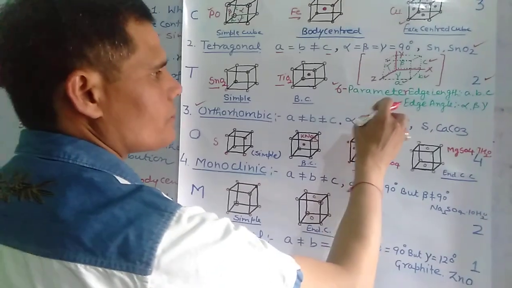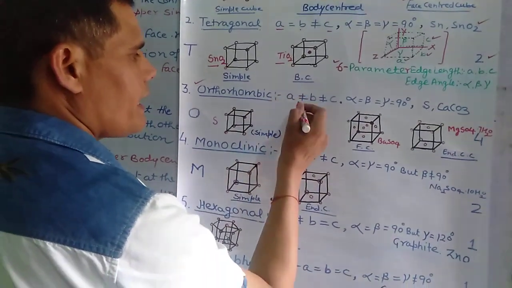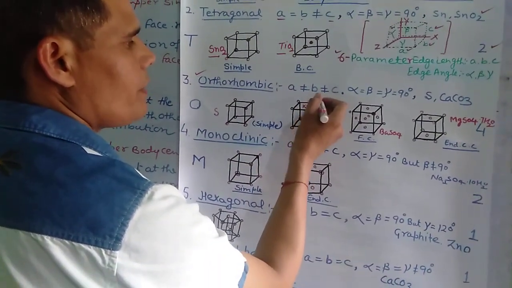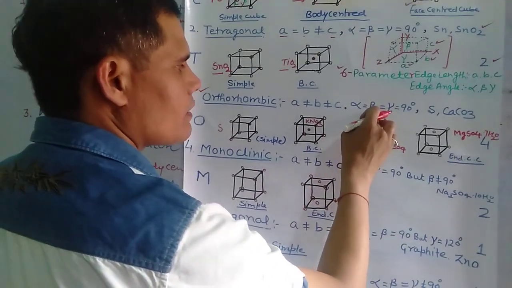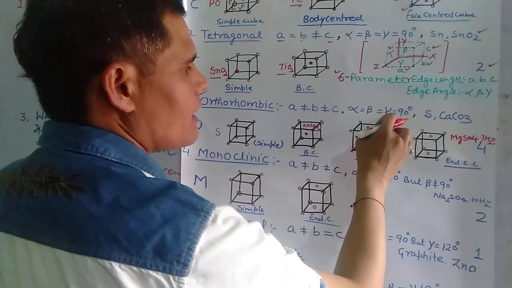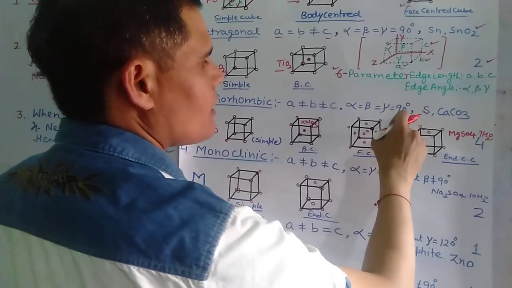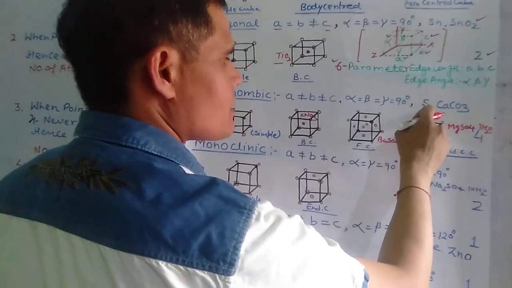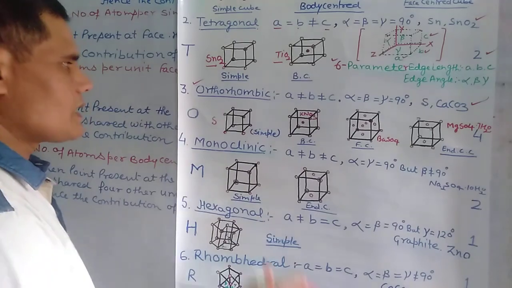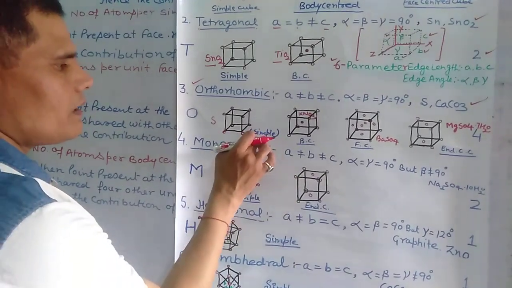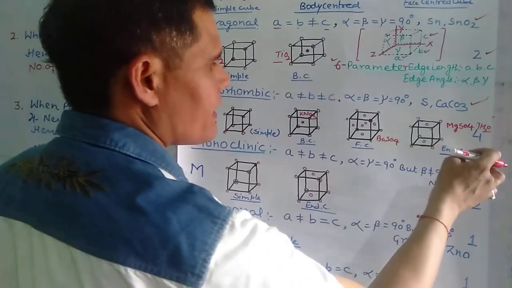On the basis of 6 parameters, orthorhombic is when A not equal to B, B not equal to C, and alpha equal to beta, beta equal to gamma, and gamma equal to 90 degrees. The examples are sulfur and calcium carbonate. Orthorhombic is simple, body centered, face centered, and end centered.